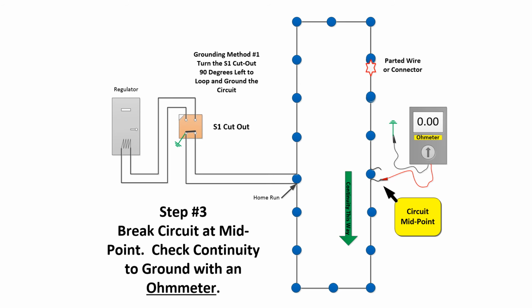Now, in this scenario here, I've put 0.00 on my ohm meter. It probably will not be 0. It will probably be something greater than that, but it will be an extremely low ohm reading. So you can see in this direction, I have continuity going back to the cutout.